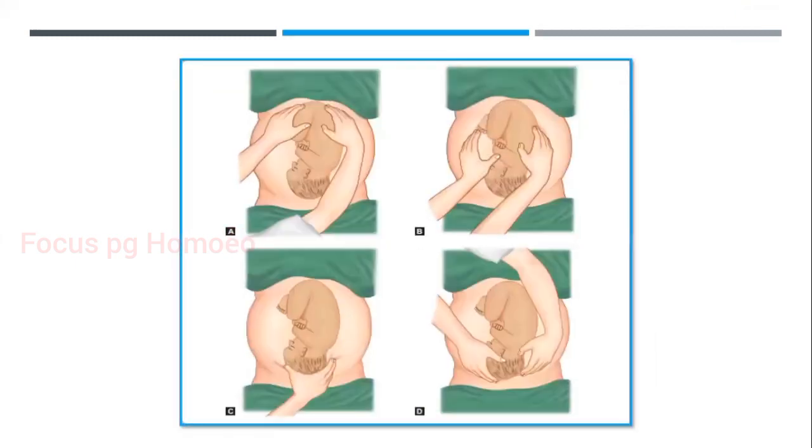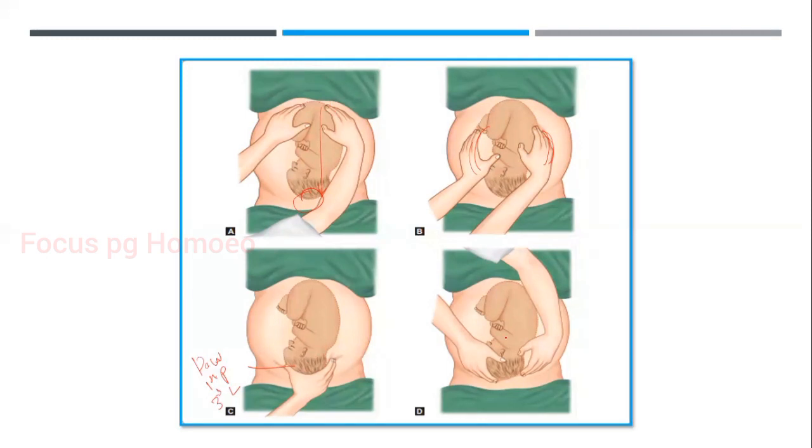Here in the picture you can see the fundal grip. This is the normal longitudinal lie, the presenting part being vertex. This is the fundal grip or first Leopold grip, and this is the lateral grip or umbilical grip or second Leopold grip. Then this one has many names: Paulick's grip, first pelvic grip, and third Leopold grip.